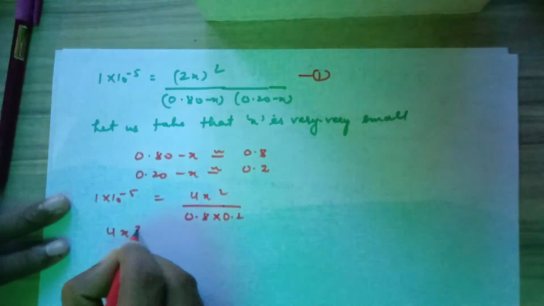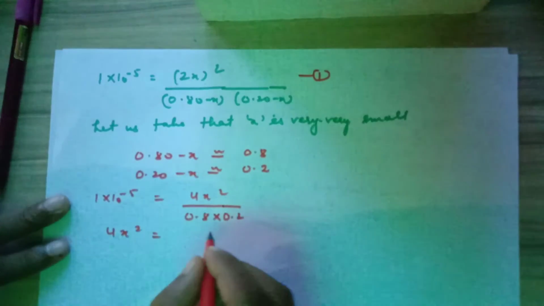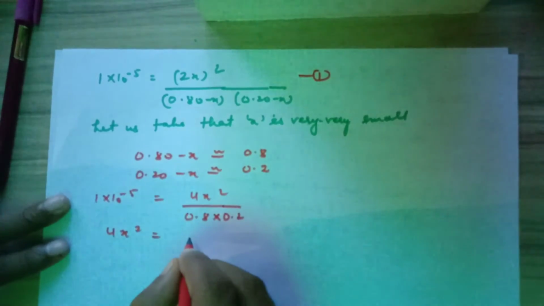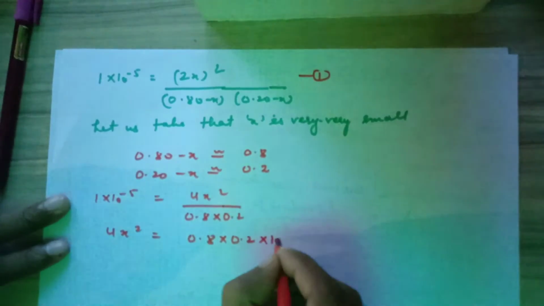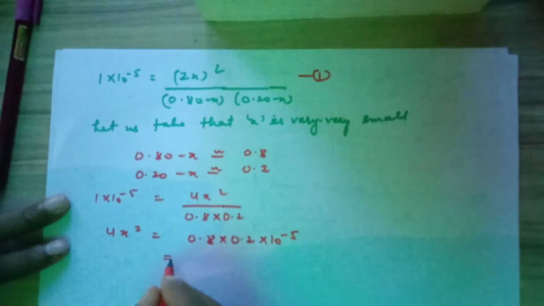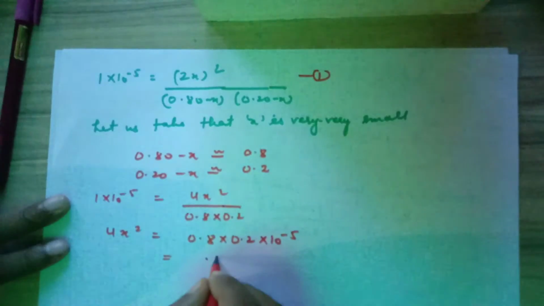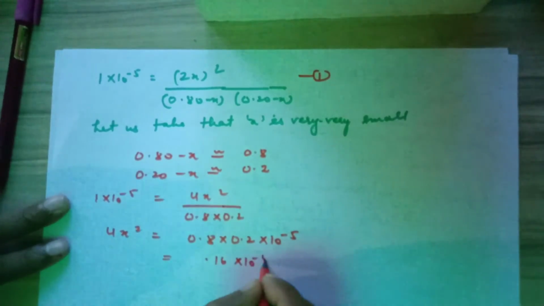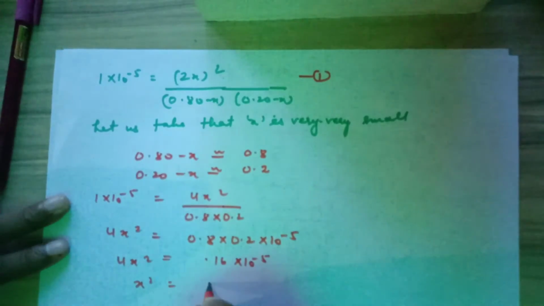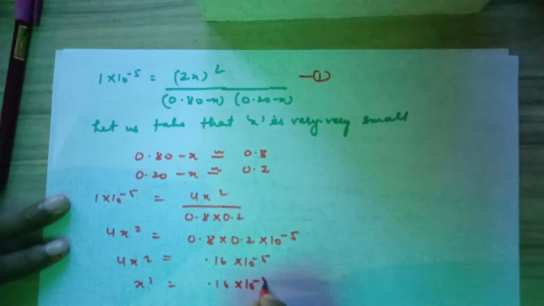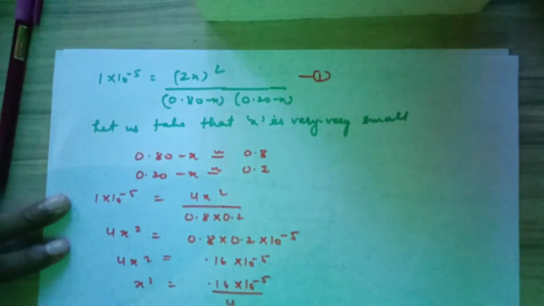Now rearranging, 4x square will be 0.8 into 0.2 into 10 to the power minus 5. After multiplying, we'll get 0.16 into 10 to the power minus 5, that will be 4x square. So x square will be 0.16 into 10 to the power minus 5 upon 4.